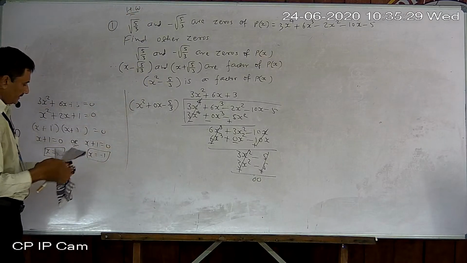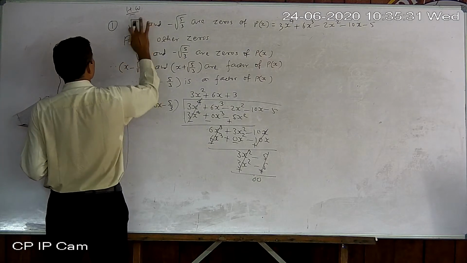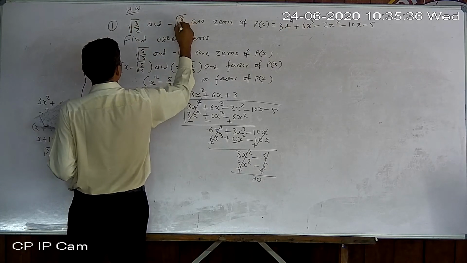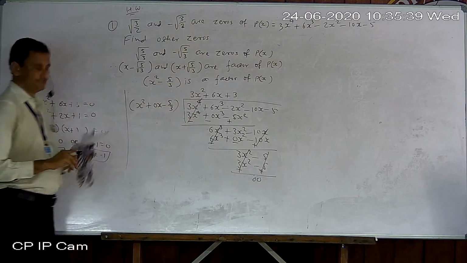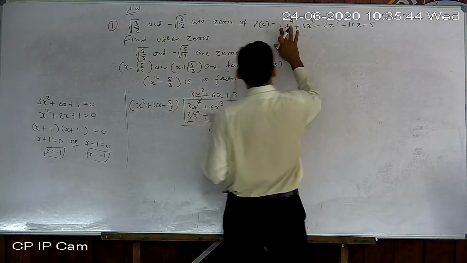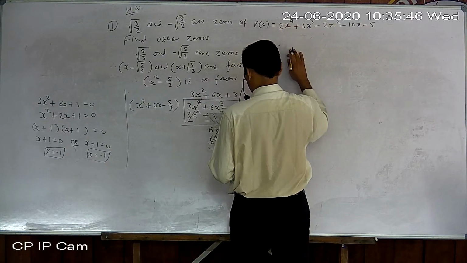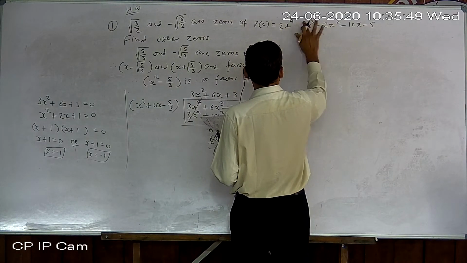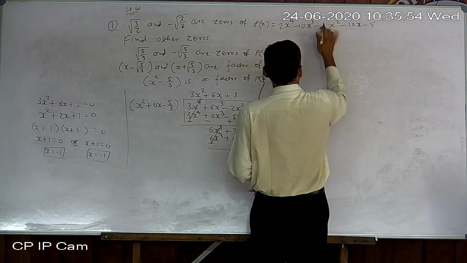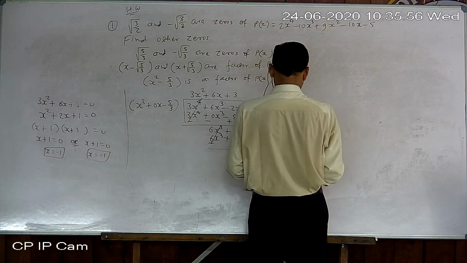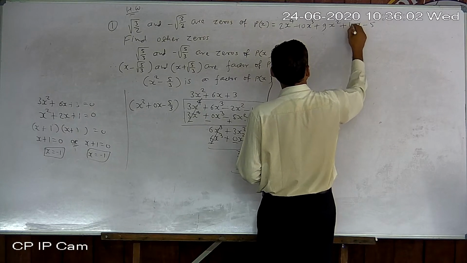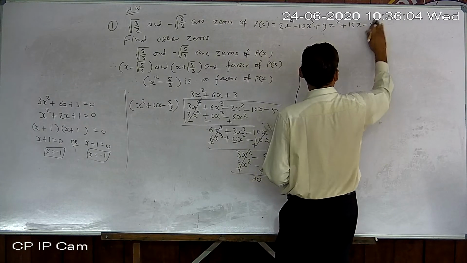Okay, 3 by 2 and minus root 3 by 2 are zeros of 2x4 minus 10x cube plus 9x square plus 15x minus 80.